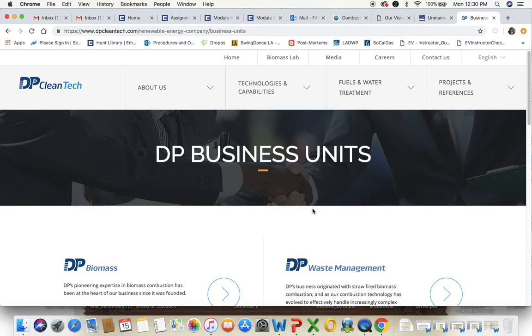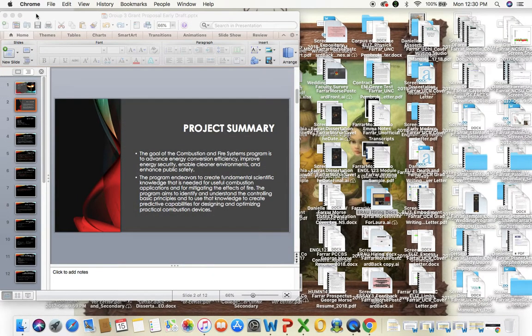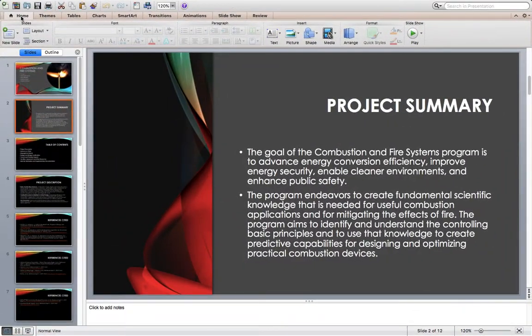So say DP Clean Tech is your client. At that point, your introduction, or your project objectives, would be to talk about how DP Clean Tech does these things. This is how they align with the CFP and with grant-funded opportunities, particularly the one outlined in the NSF's CFP that your group chose.